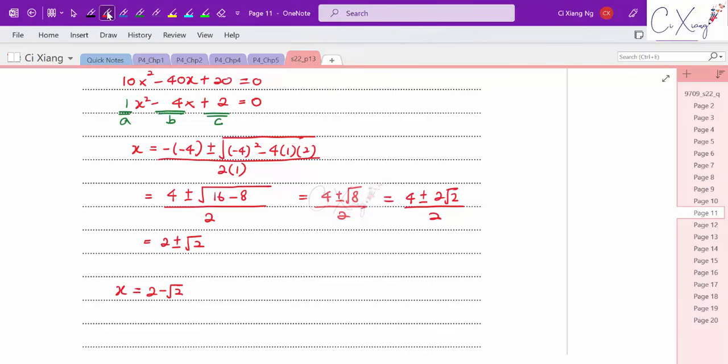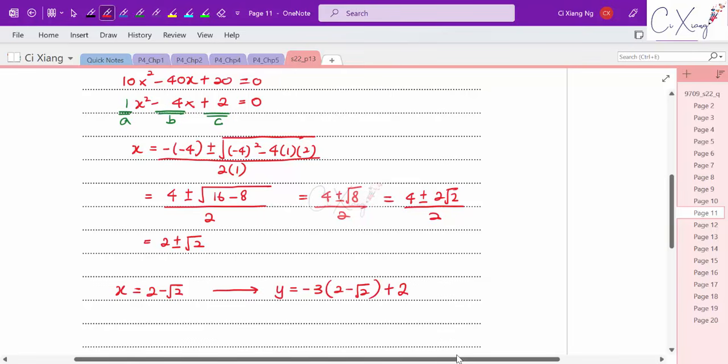After that, of course, I need to get the value for y. To get y, it is negative 3x plus 2, the equation of BC just now, because P also lies on BC. So it is easier to substitute into the equation of BC.